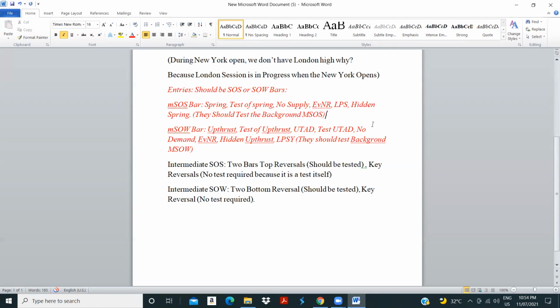Background strength also includes one major, which is JAC, jump across the creek. If we say major, it is a major one, or we can say MSOS, background SOS.